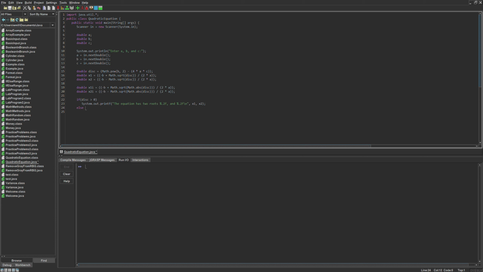Okay, second case: else if the discriminant is less than 0. This is going to be imaginary numbers, so we're going to format it. The equation has two imaginary roots. Percent .2f, and we'll just put an i at the end of it.